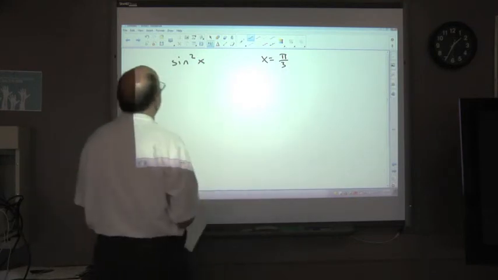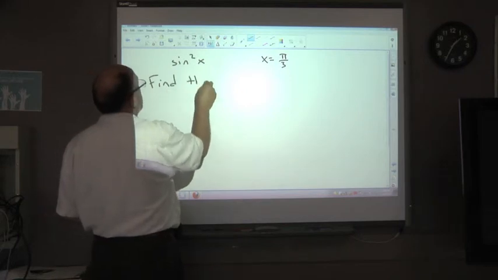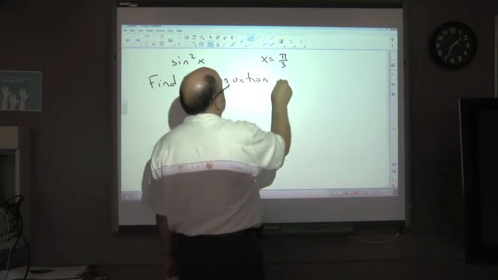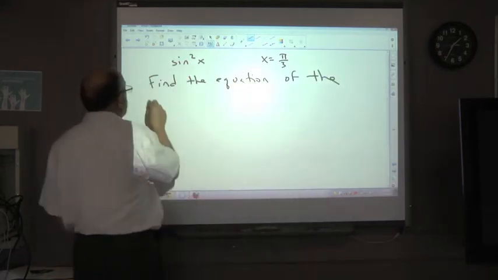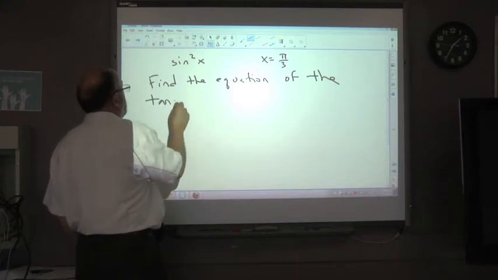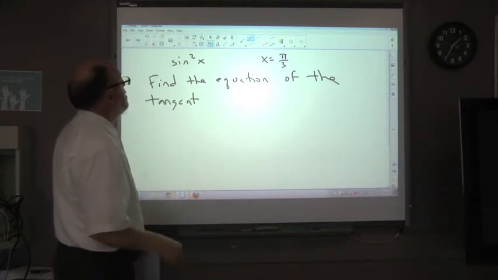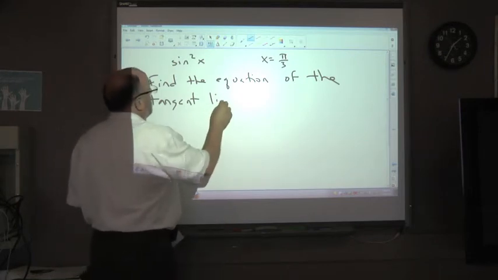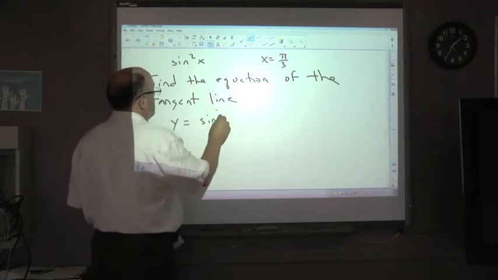So we're going to find the equation of the tangent line. Now, generally, in terms of trig and calculus, things are going to be done in terms of radians. So I need to know what is the derivative of sine squared x.